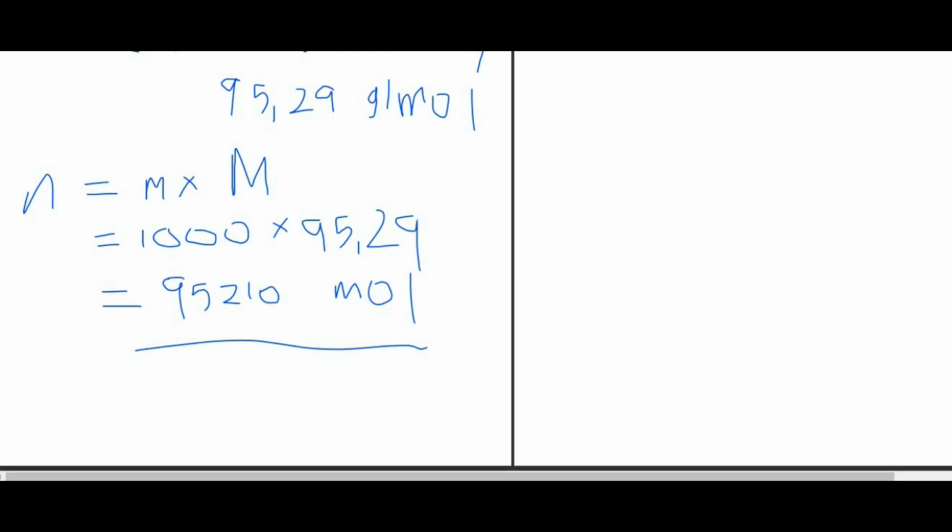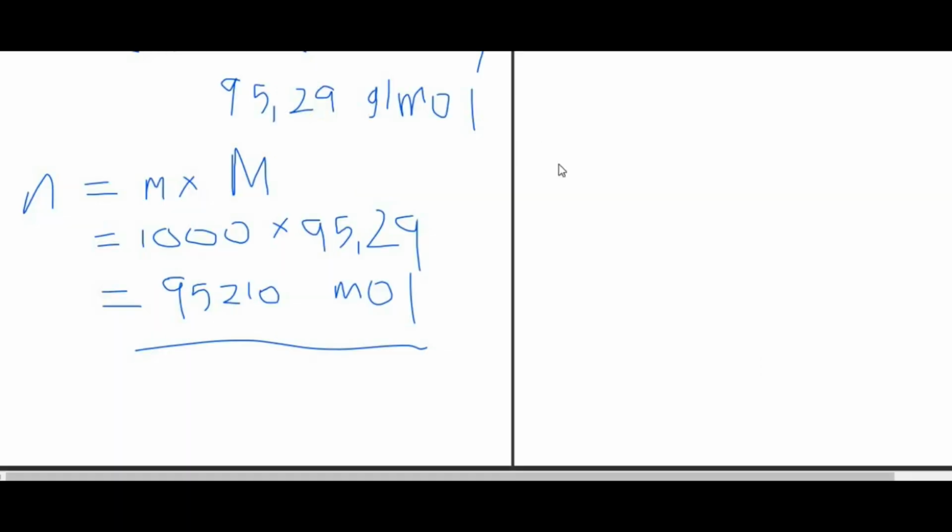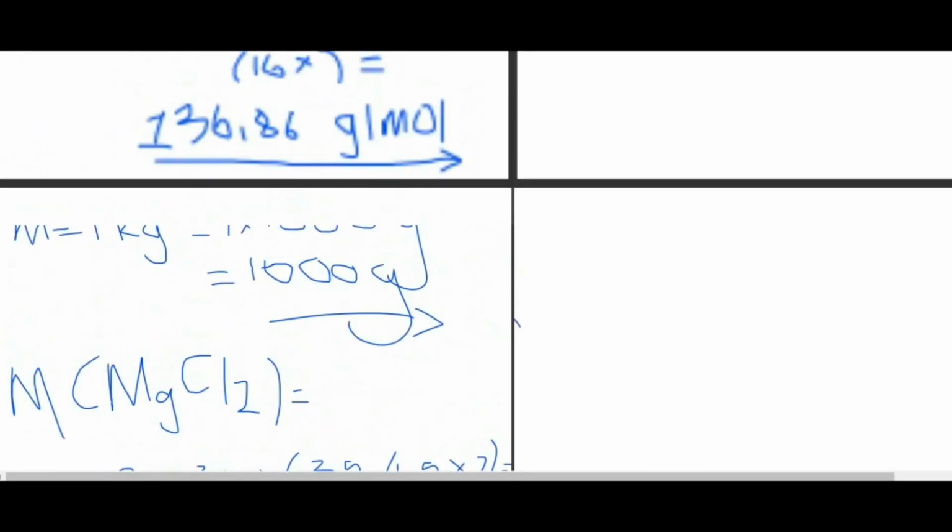Okay, the last question. How many moles are present in 2.45 multiplied by 10 to the 23 molecules of methane? So CH4 is a compound called methane. Okay, so let us do that. We'll say okay, let's start it there.